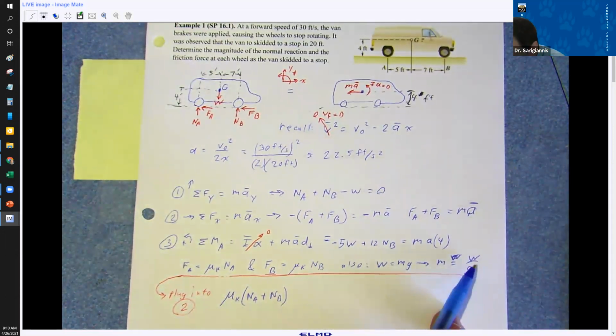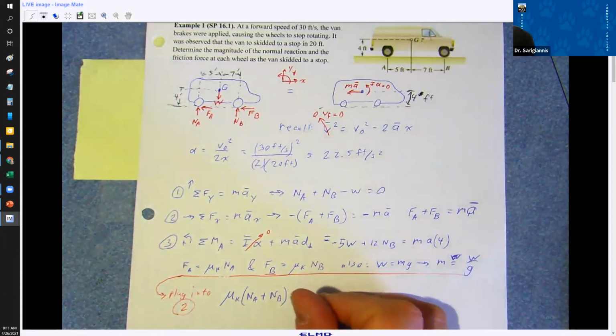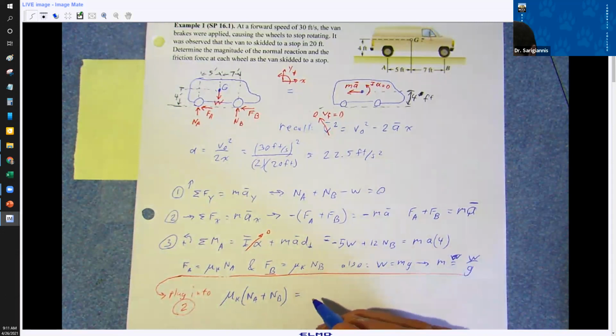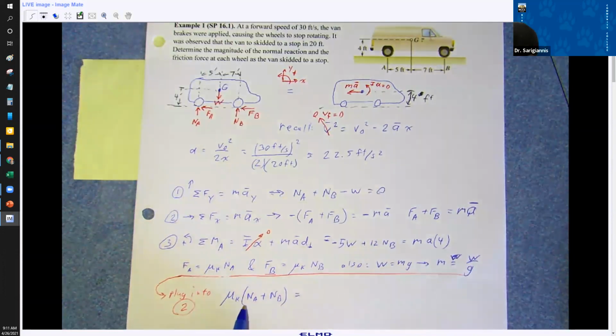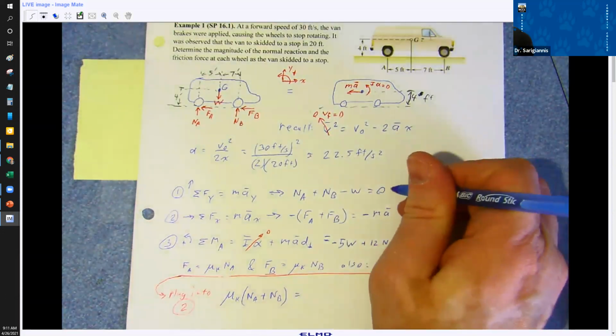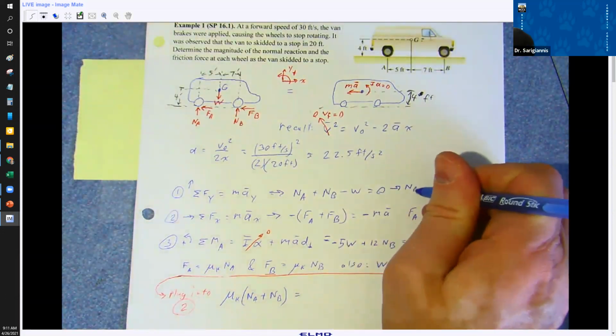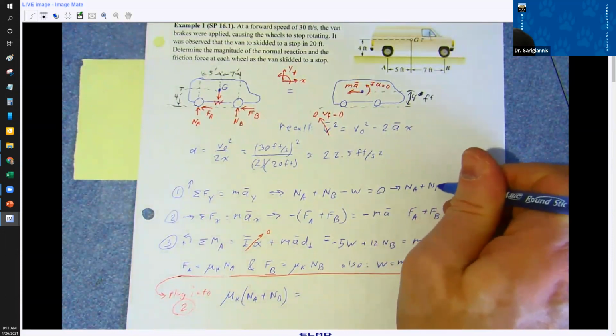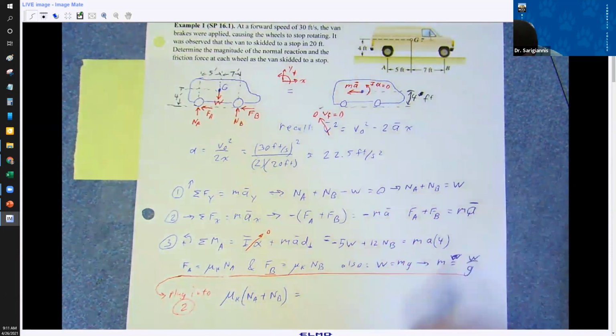So I'm going to replace the mass with W over G. Oh, you know what I want to do? I want you to notice here, NA plus NB, right? Is W.